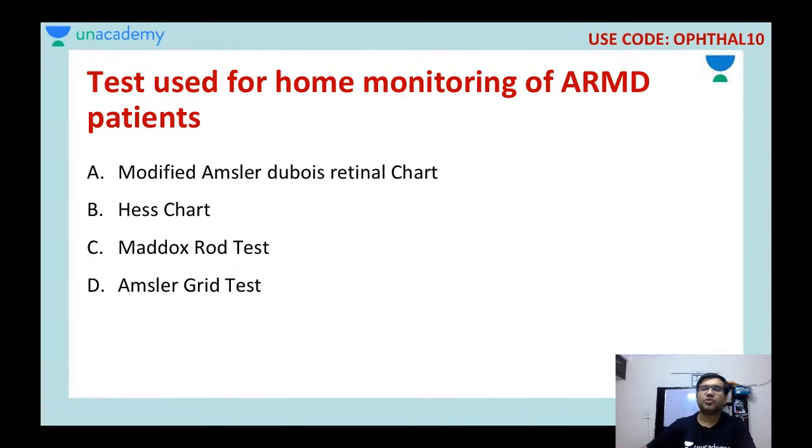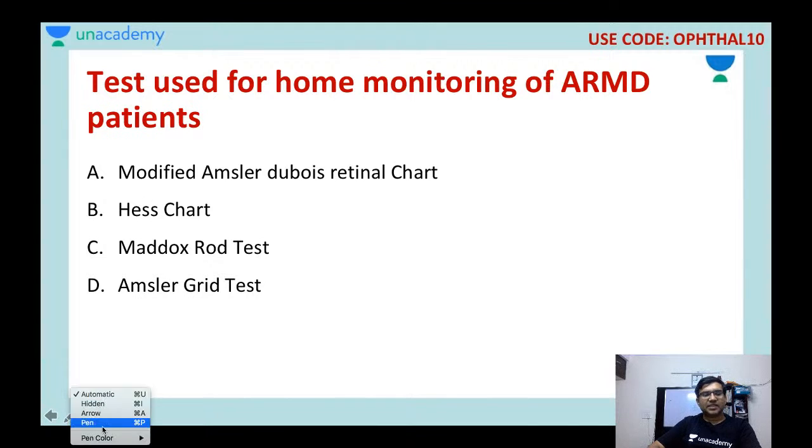Our next question is: the test used for home monitoring of the ARMD patient is modified Amsler-Dubois retinal chart, Hess chart, Maddox rod test, or Amsler grid test.